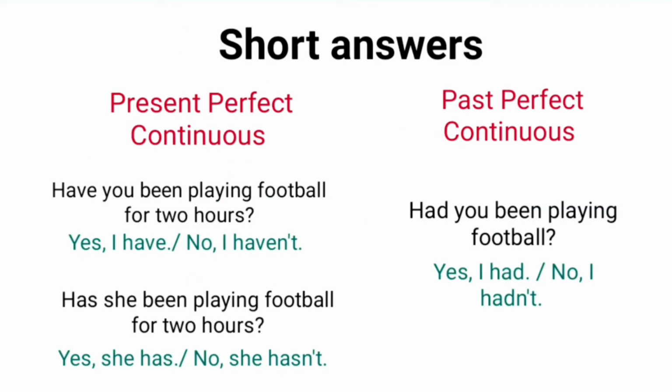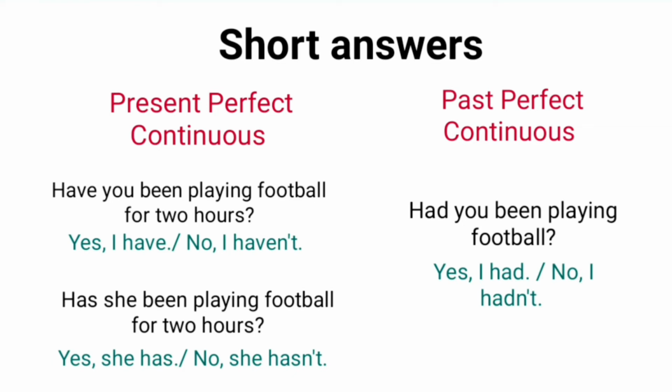On comparing short answers of the two tenses, we find that in present perfect continuous tense, if the question is, have you been playing football for 2 hours? Answer can be, yes, I have, or no, I haven't. If the question is, has she been playing football for 2 hours?